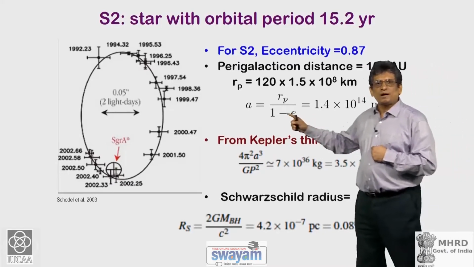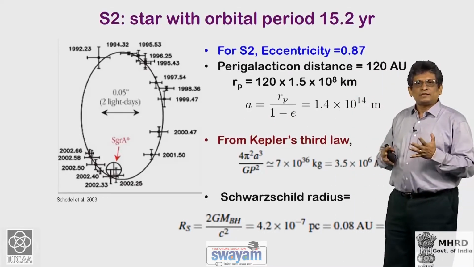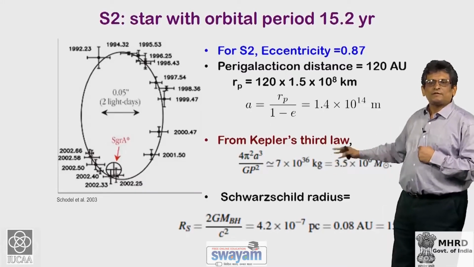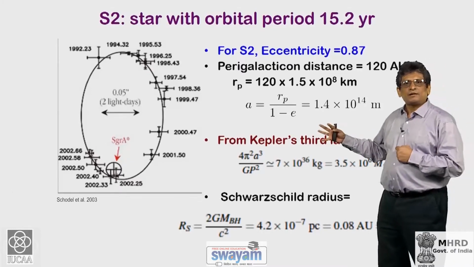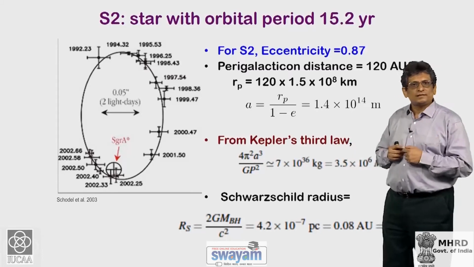The central object is marked as Sagittarius A star there. Even if it is a star cluster of this mass, which is possible, globular clusters have masses of 1,000,000 times the mass of the Sun. If it is a star cluster, it would be at least a few parsecs in size.